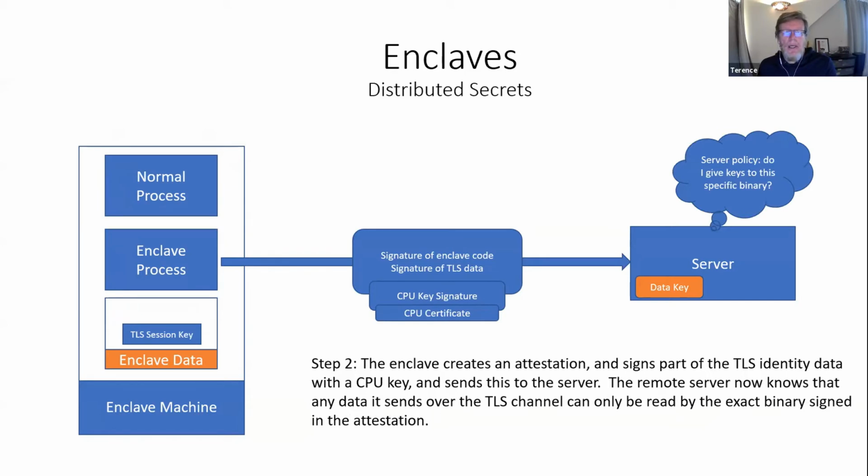Typically, if I wanted to share keys, I would take a machine, I would give some credentials to some of those machines, and the server would cough up secrets to whoever had a credential. In this case, we're going to get delivered back very specific information in terms of you are talking to this exact binary. So now you're going to need essentially a catalog of these binaries, which ones you trust, which ones you don't trust, what keys you're going to give to them, and that is going to end up becoming sort of the management challenge for this in terms of what specific binaries and programs should have access to which pieces of data in my system.